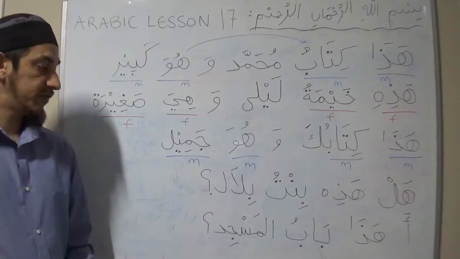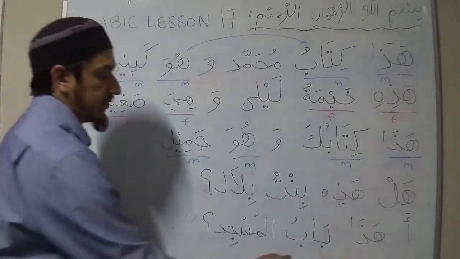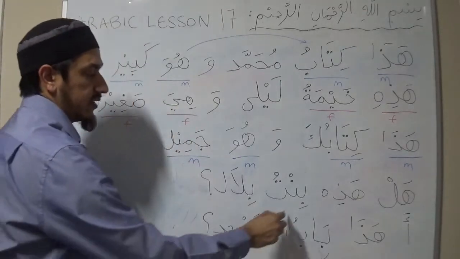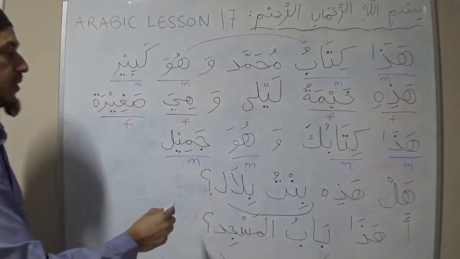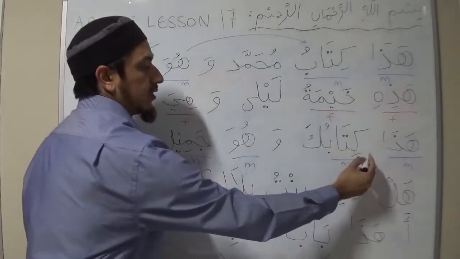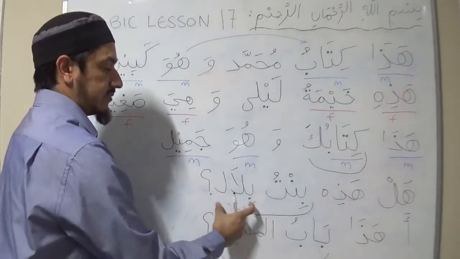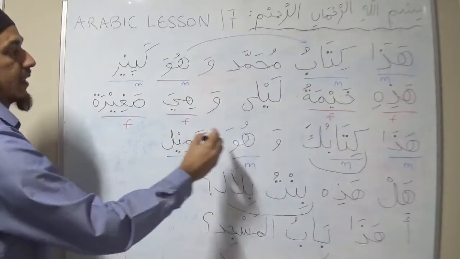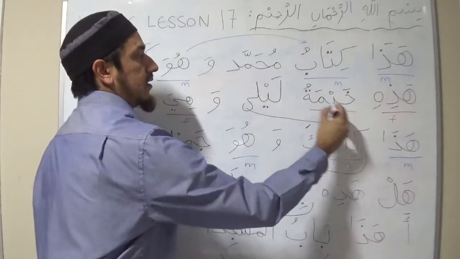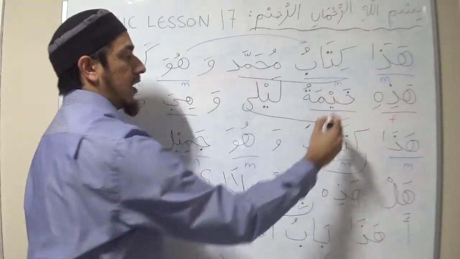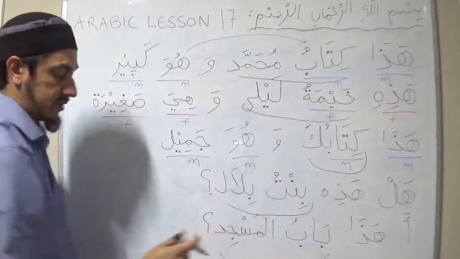Is this the door of the masjid? So we join two words together to say one possesses the other. Kitabuk. This is in another form, but using a pronoun at the end instead of an ism, a noun. Khaymatu Layla, Kitabu Muhammad. So this is joined, and that's what we saw in the previous examples.